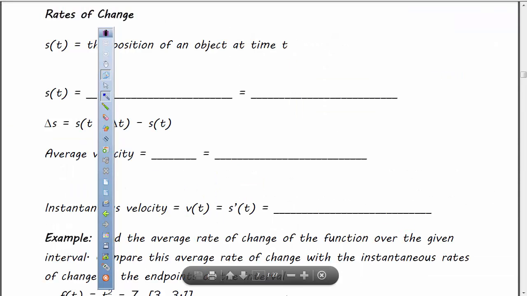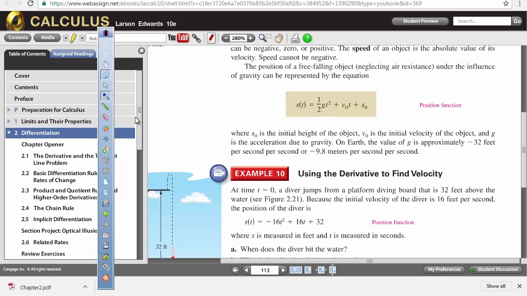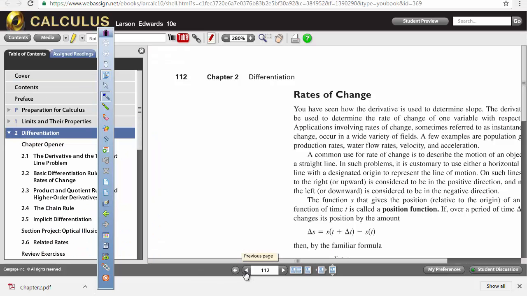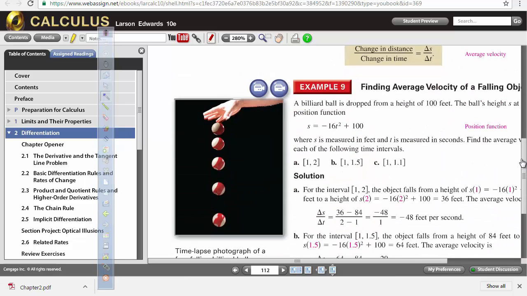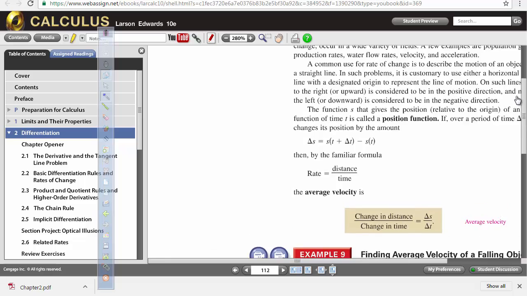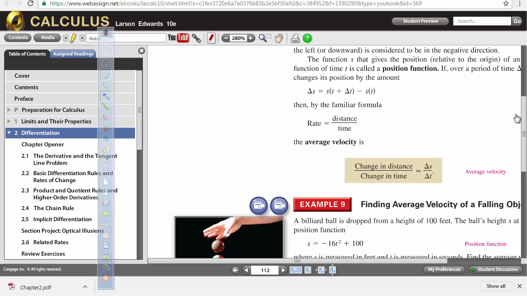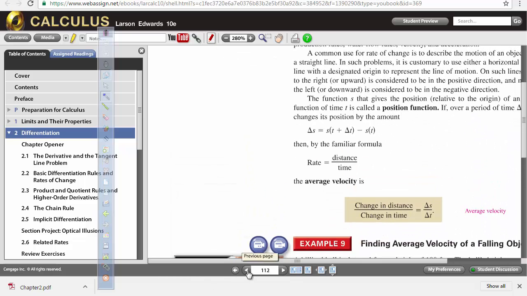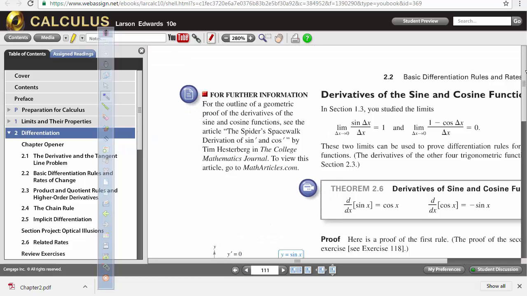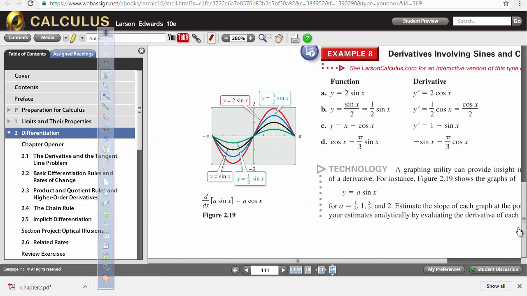All right, and then what else did they say about, flip back over. Okay, that's that.